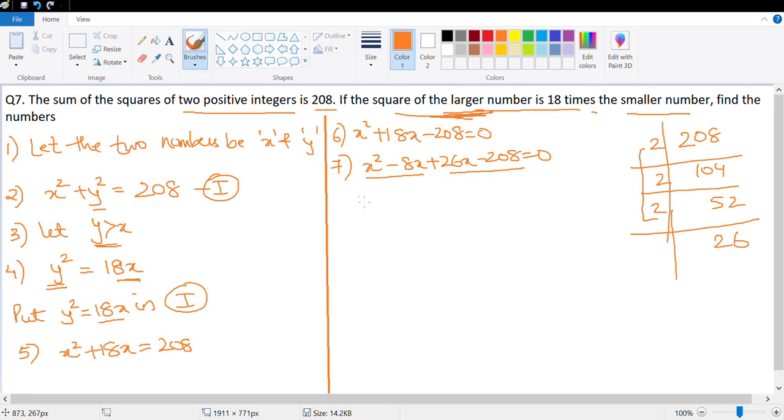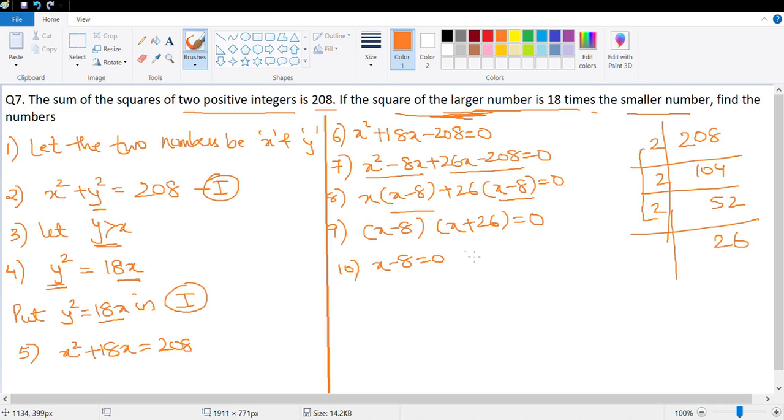Grouping it the way I've underlined, x times (x minus 8) plus 26 times (x minus 8) is equal to 0. x minus 8 is common, which means (x minus 8) times (x plus 26) is equal to 0, which means x minus 8 is equal to 0, or x plus 26 is equal to 0, which means x is equal to 8, or x is equal to negative 26.